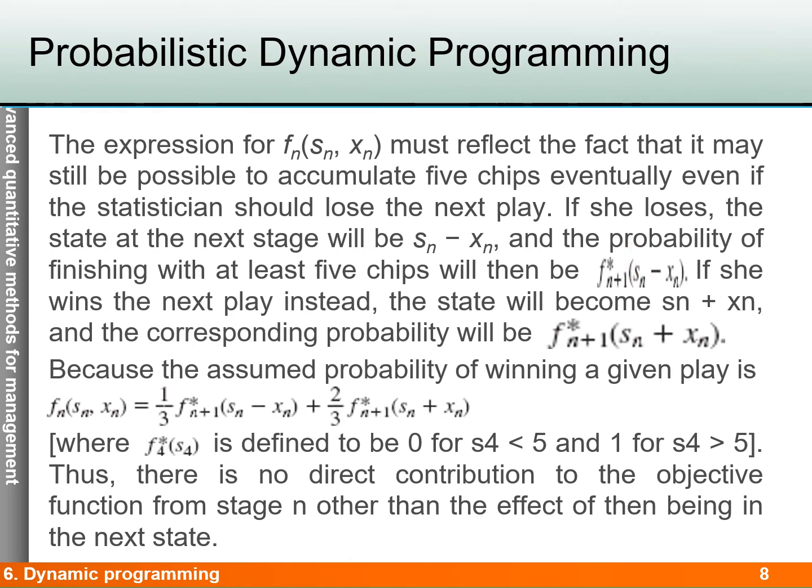On the other side, if she wins the next play instead, she wins exactly the same number, and the state will become Sn plus Xn. So at this state she has 2 and she wins 2. If she wins these 2, she has 2 more, so it's 2 plus 2, that is 4, for example.